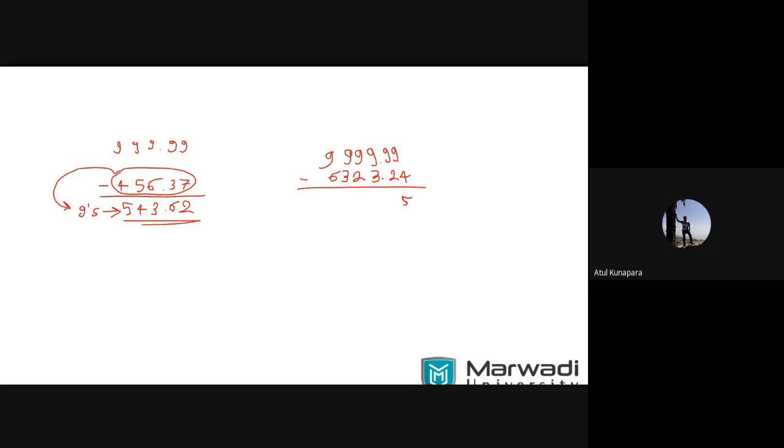So what you will be getting here is 75, like this. So this is your nines complement form. Okay, so that gives you a clear understanding of how to get the nines complement form of a number.